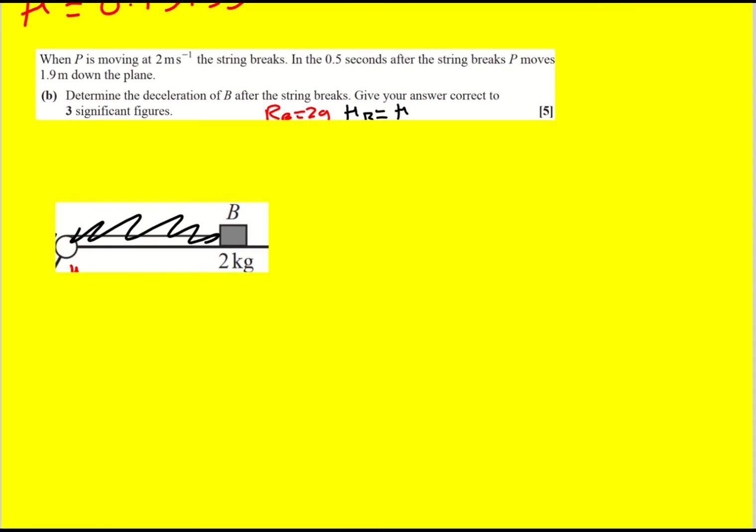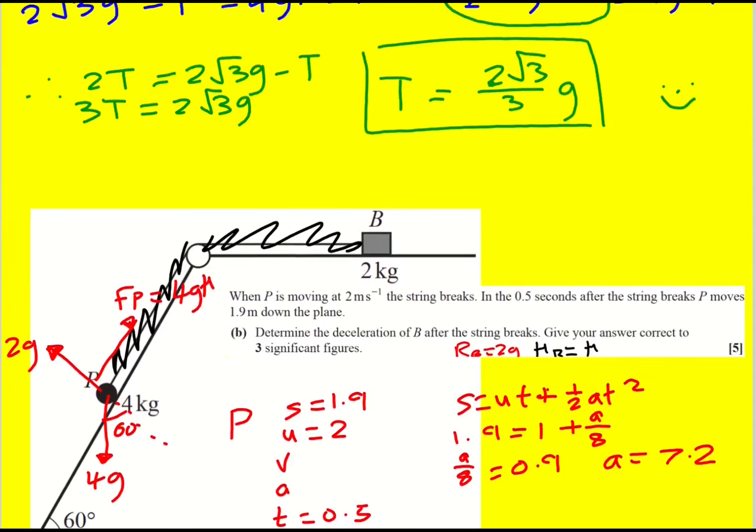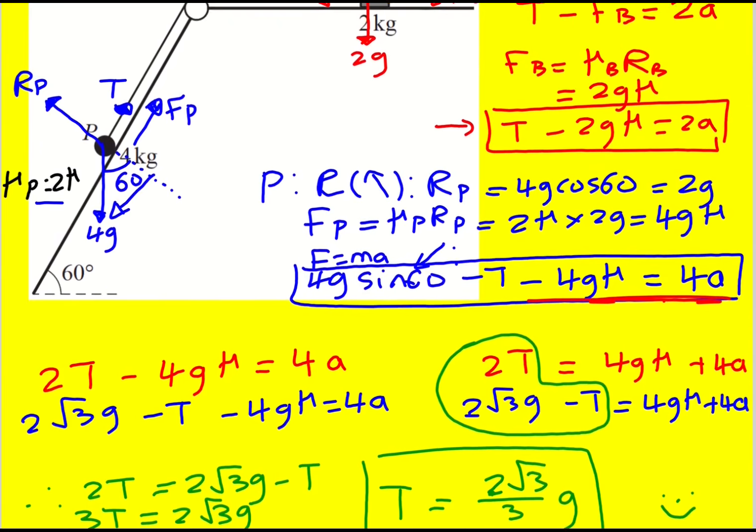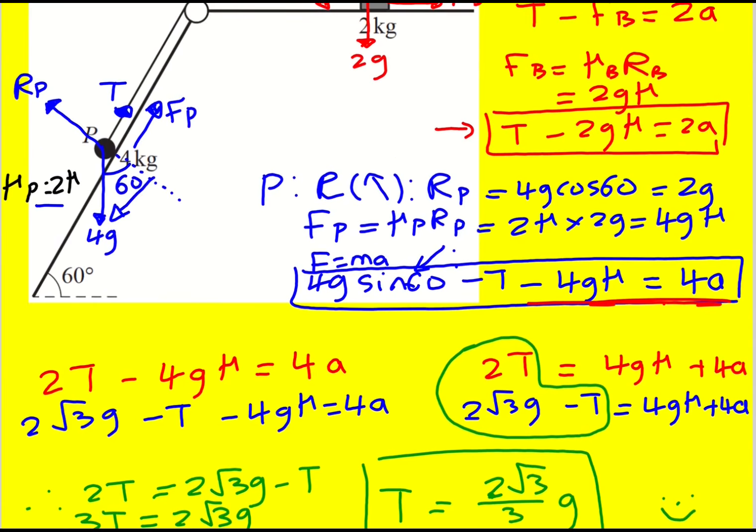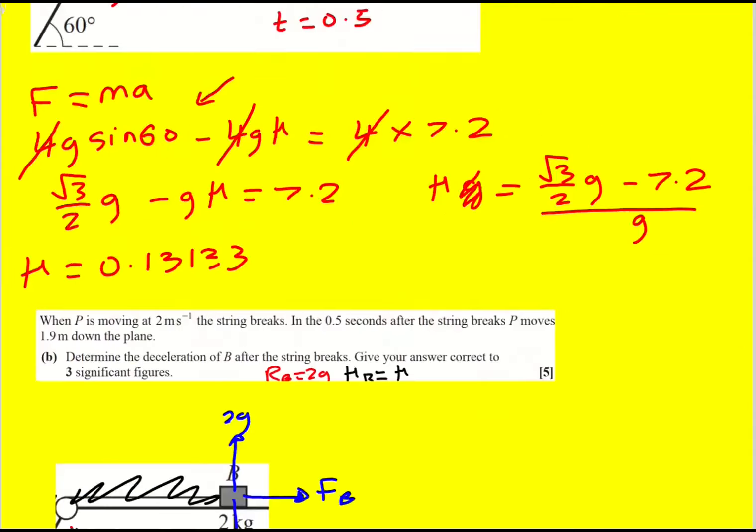They were accelerating at the same rate. So again, we've got 2g acting down. We've got 2g acting up. It's moving to the right, but the deceleration is to the left. And it's from the frictional force at B, which I believe we calculated as well before. It was 2g mu.